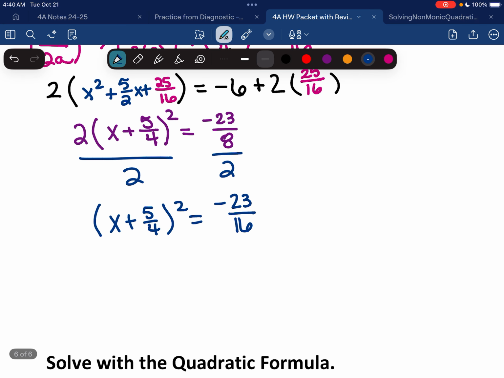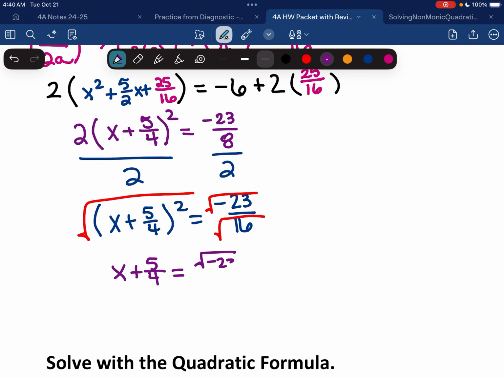And then I'm going to take square roots of both sides. So I now have x plus 5/4 equals the square root of negative 23 over 4, because that's a perfect square. I'm going to subtract 5/4 from both sides.